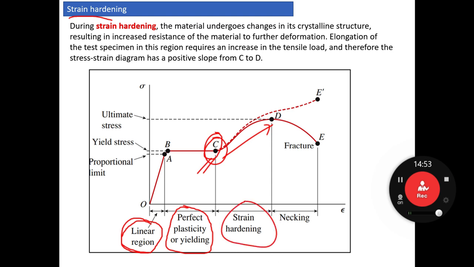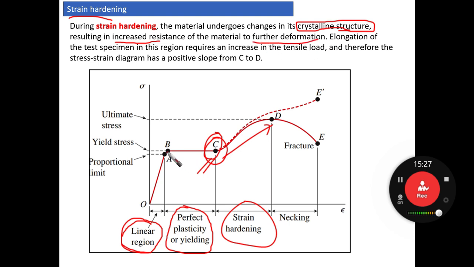During strain hardening, the material undergoes a change in its crystalline structure. That's the most important word here, crystalline structure. The material itself is going to change, resulting in increased resistance of the material to further deformation.